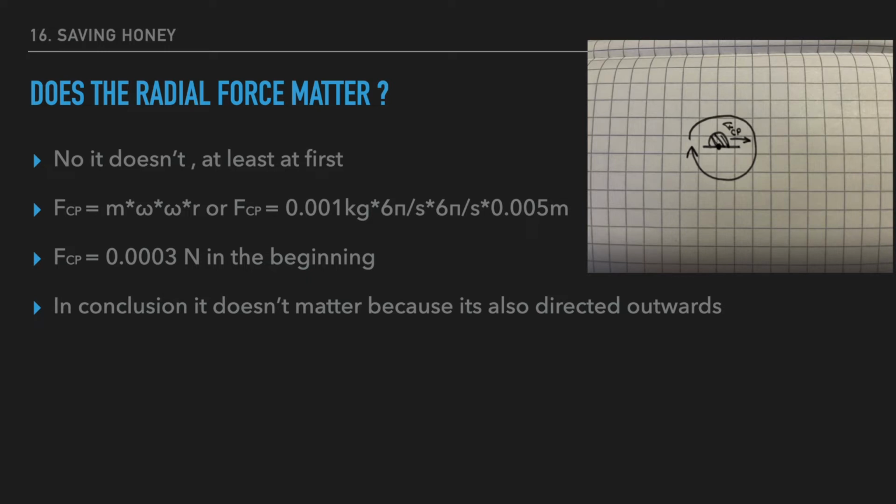If we calculate the centripetal force for the start, we can see that it's not greater than 0.0003 newtons. And that isn't enough in order to explain how the honey stays elevated. And it's also directed outwards, so it would just at first squeeze it down and then pull outwards, so it wouldn't explain how it stays elevated.